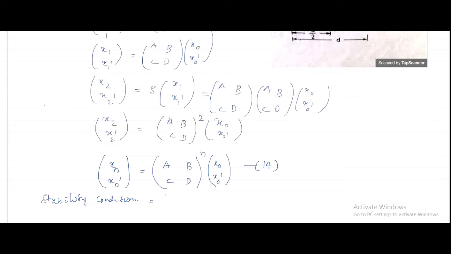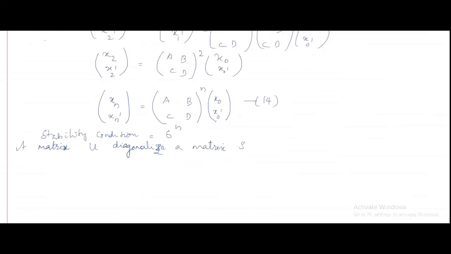To obtain the stability condition, we have to find out the value of S raised to n, where S is the system matrix, and to find its value we diagonalize the matrix. So a matrix U diagonalizes a matrix S if U inverse S U equals [lambda 1 0; 0 lambda 2].